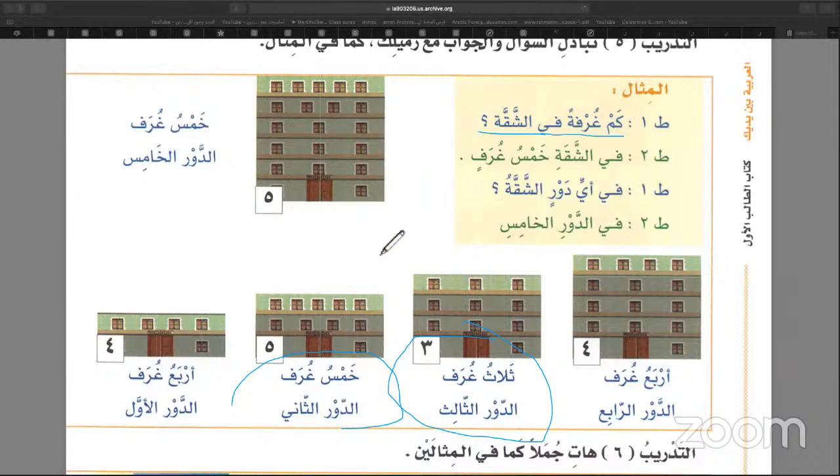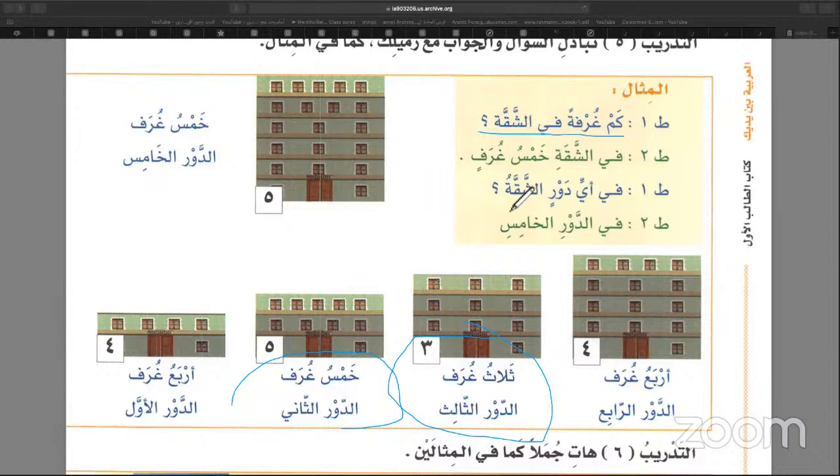في أي دور الثاني. You didn't finish the sentence. في أي دور الشقة. You say the whole thing. في أي دور الشقة means what? في means in. أي means which. دور means floor. شقة means apartment.